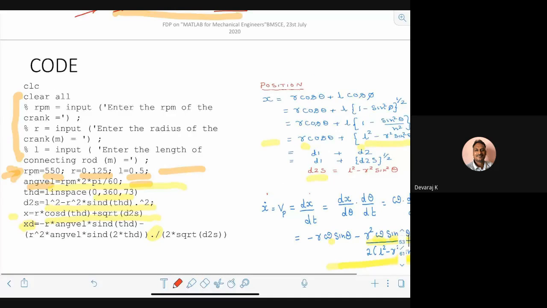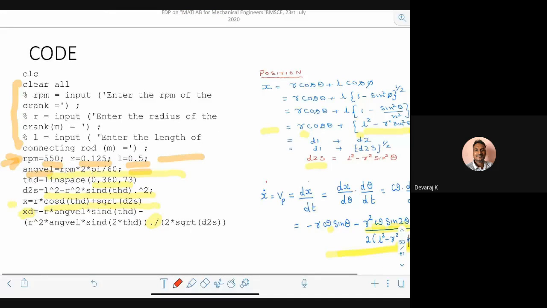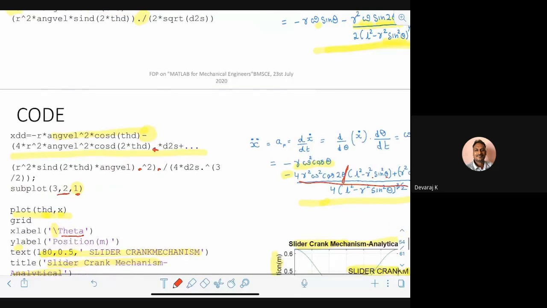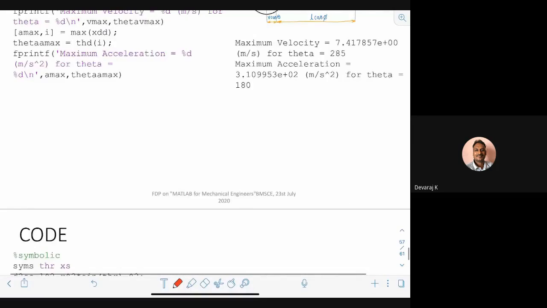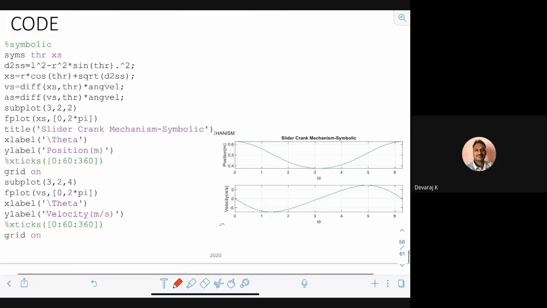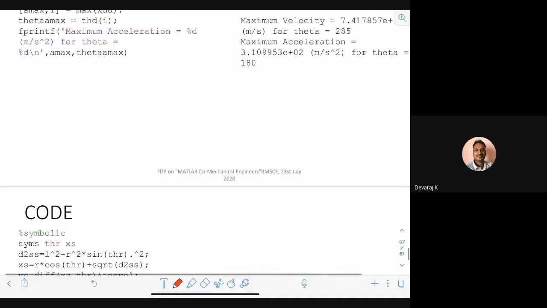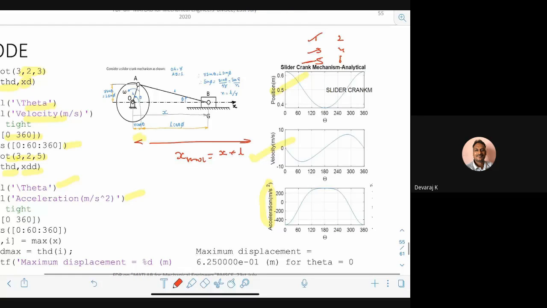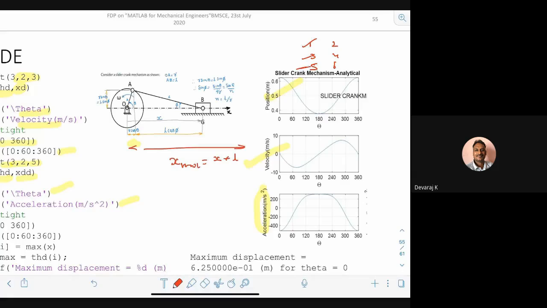Okay, you have taken R plus L, that is 0.125 and 0.5. So it is 0.625. Therefore, at the outset, you should notice that in the position graph here, it is 0.625. I guess at least you have done it correctly.